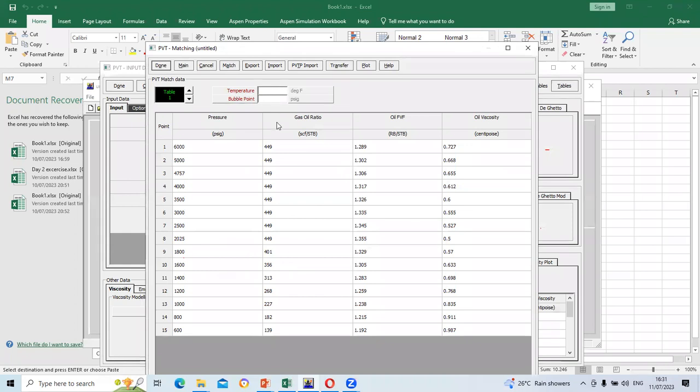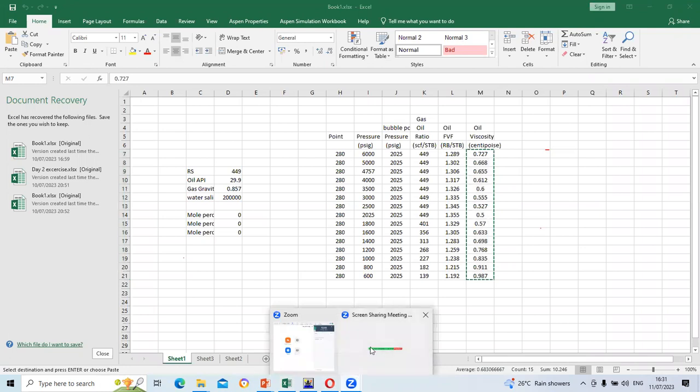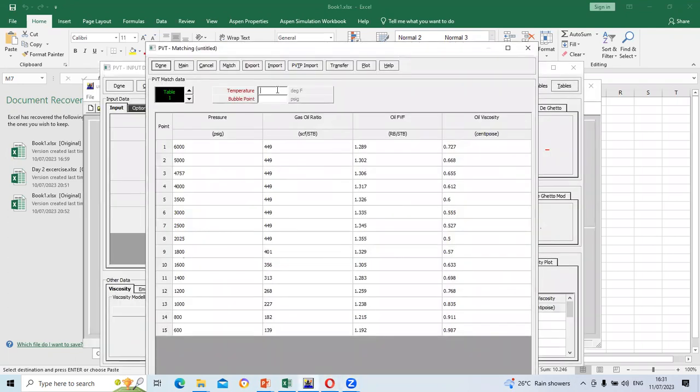I have to put my temperature. Okay. So my temperature here is 280 and my bubble point is 2025.